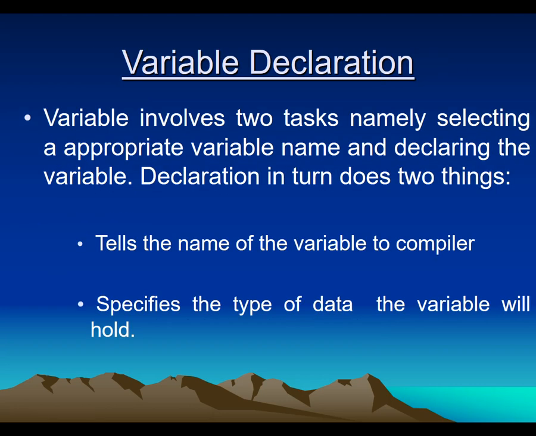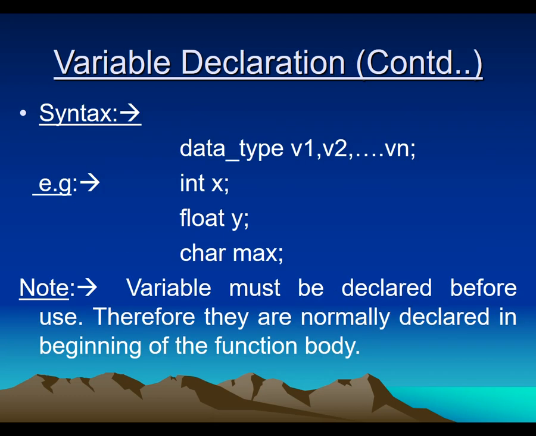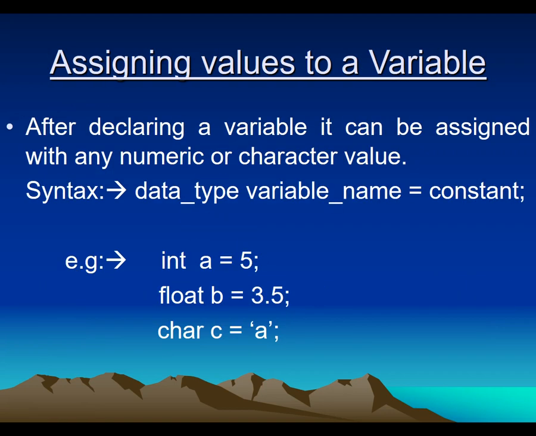This we have already learned practically in the program, that is variable declaration. That means suppose I want to declare a variable, then this might be the syntax: integer A, integer B, character C. We wrote one program for the same, in which we demonstrated how to declare variables in programming in C. Now after declaring the variable, we can assign a value to the variable.